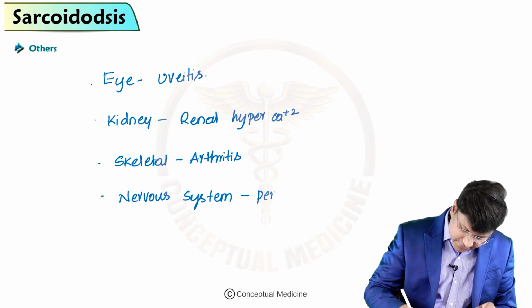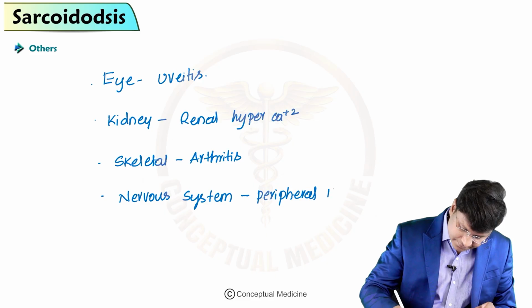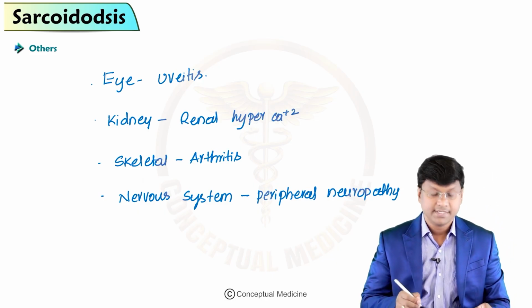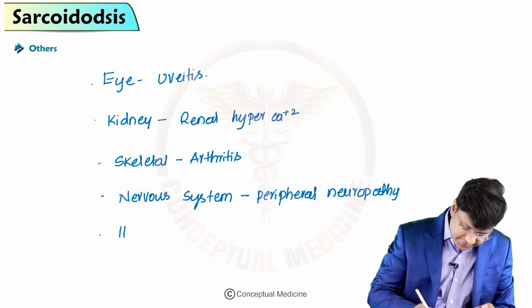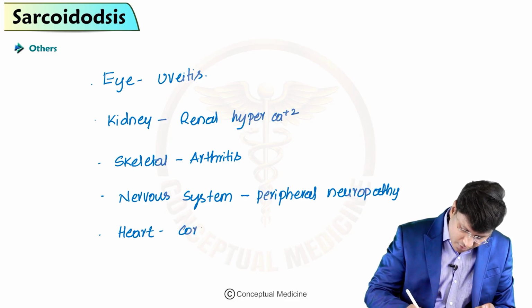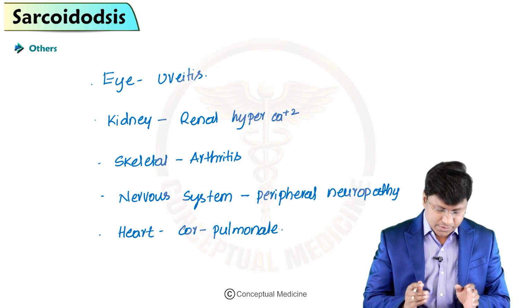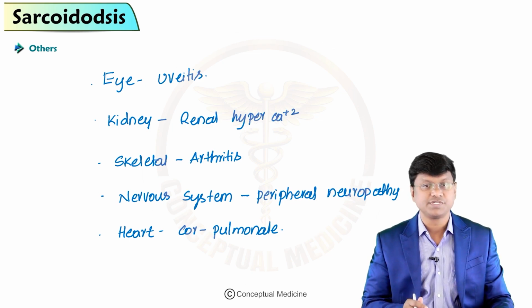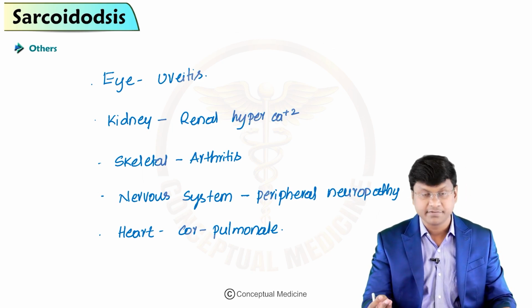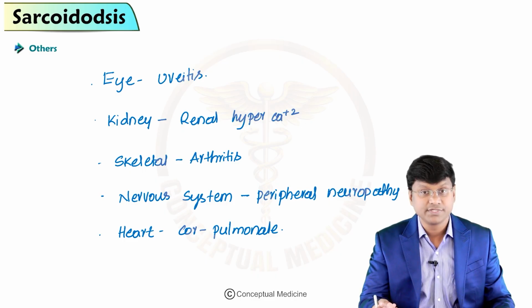Nervous system involvement will be in the form of peripheral neuropathy. And cardiac involvement is in the form of cor pulmonale. Okay, so these are the other systems which are affected in sarcoidosis apart from your lung, lymph nodes and skin.